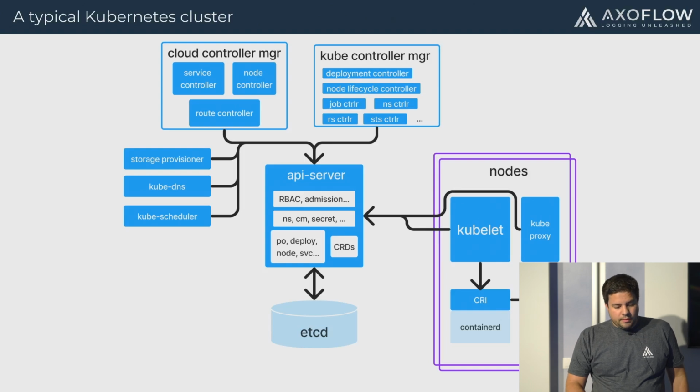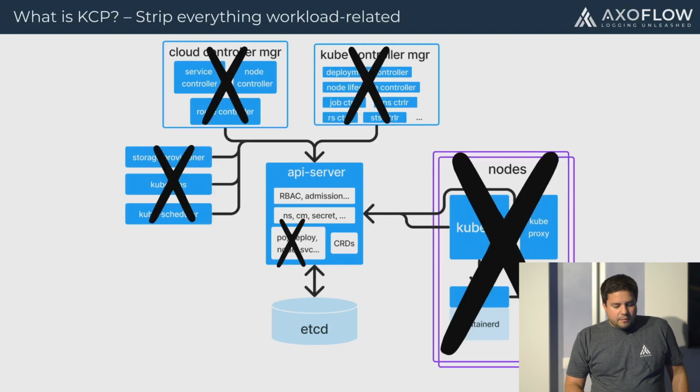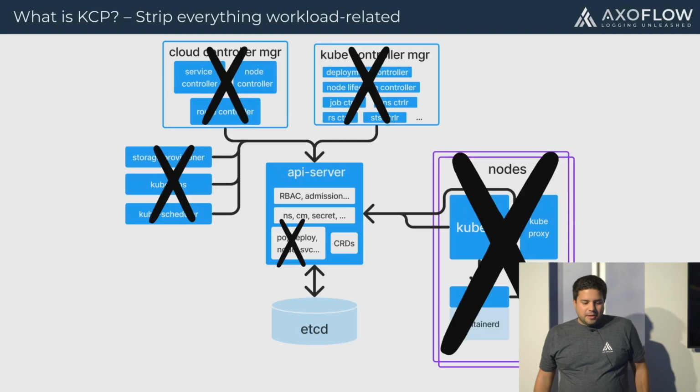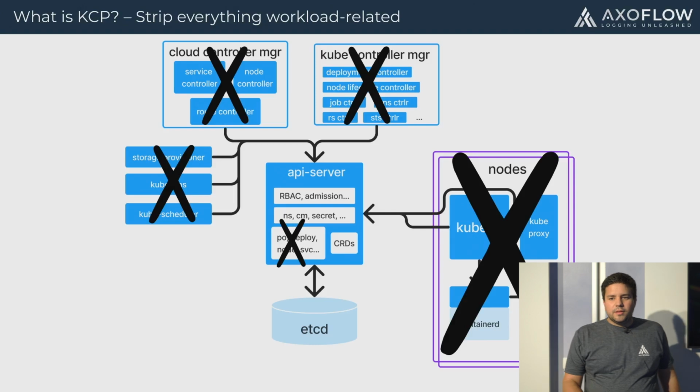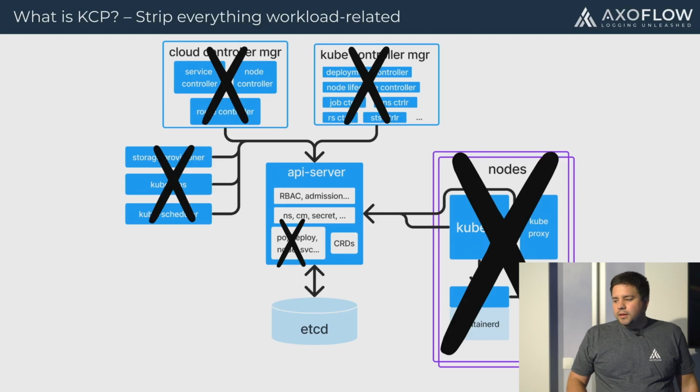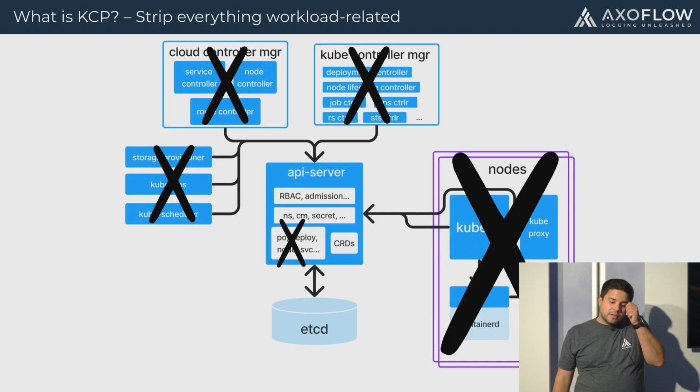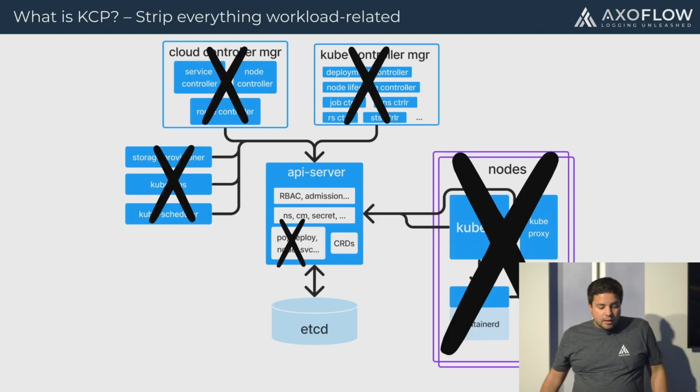So, what's the difference between typical Kubernetes and KCP is that they removed everything that relates to the traditional workload-related resources in Kubernetes. So they removed the Cloud Controller Manager and the Kube Controller Manager. They removed almost all of the built-in types, so there are no pods, deployments, nodes, whatever.